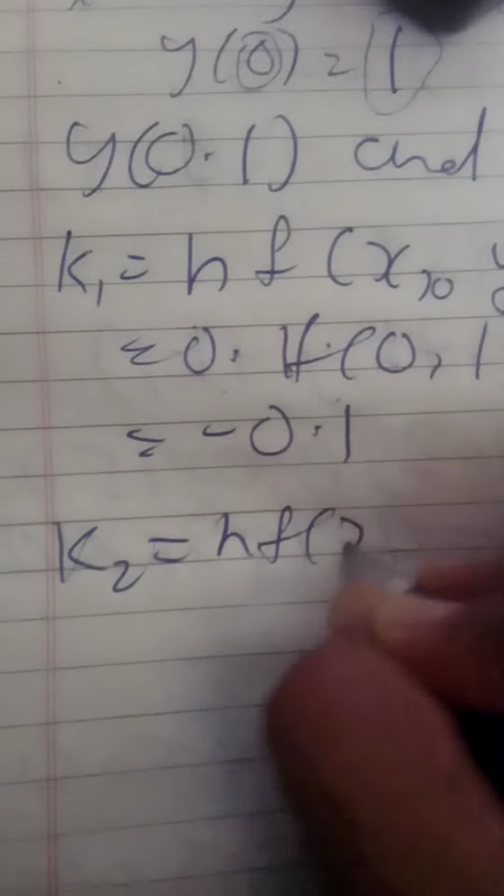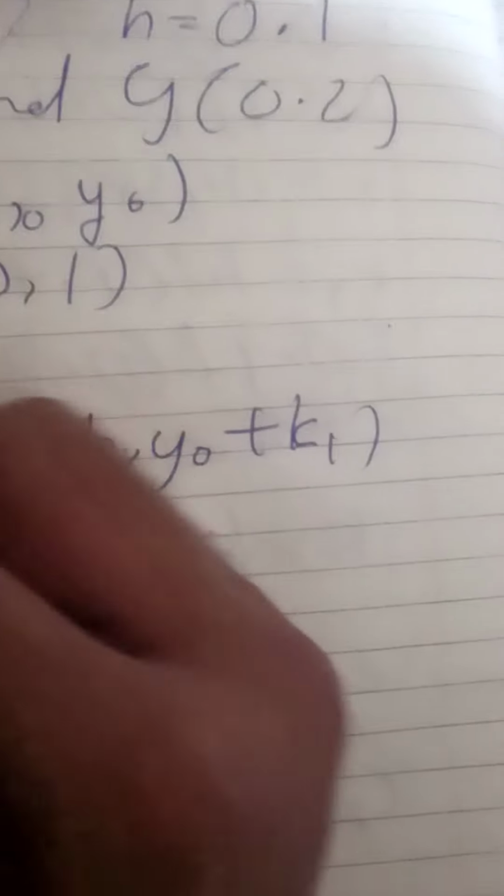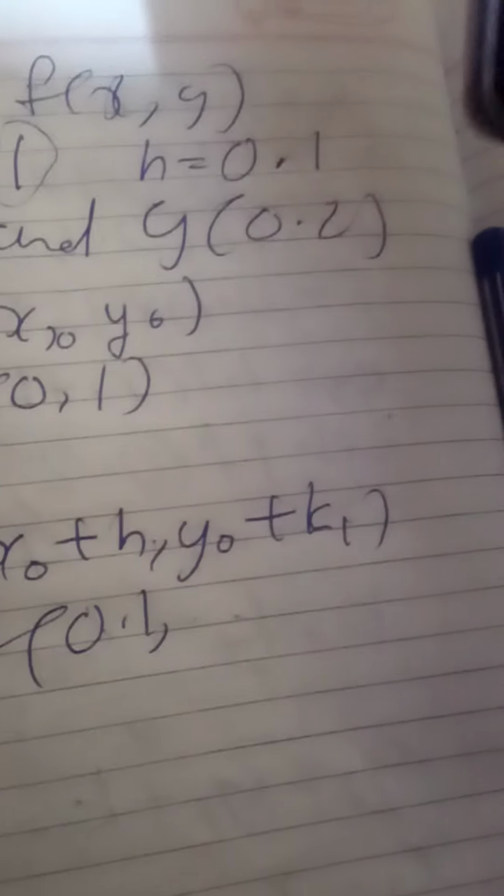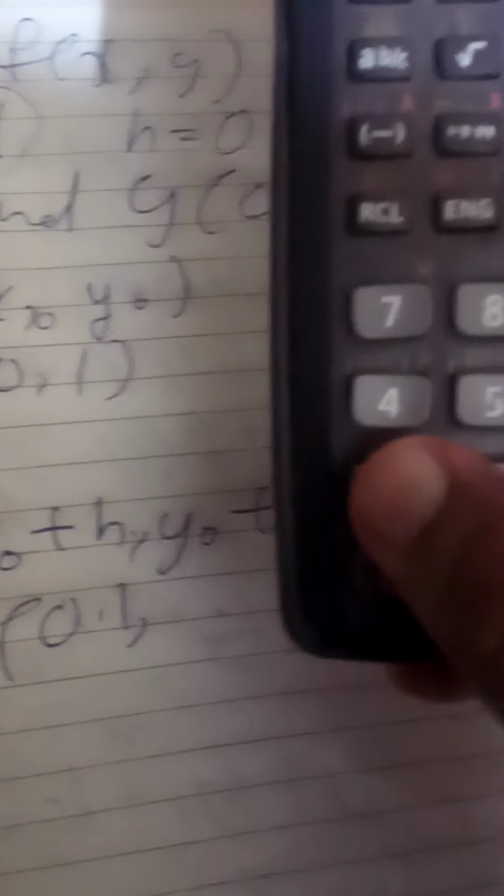Now let's calculate k2. k2 is equal to h into f of x naught plus h, y naught plus k1. So how much is it? 0.1 into f of 0 plus 0.1, which is 0.1, and 1 plus minus 0.1. How much is it coming? It's coming 0.9. Okay.